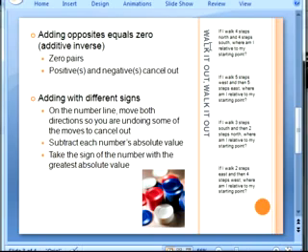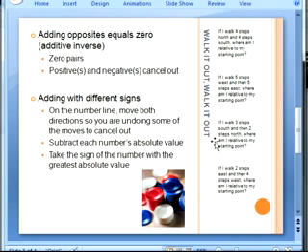Look at the second example. If I walk 5 steps west and then 5 steps east, where am I relative to my starting point? This is the same kind of problem. West is negative, negative 5, plus 5 steps east, positive 5, cancel each other out, and I'm back where I started at 0.